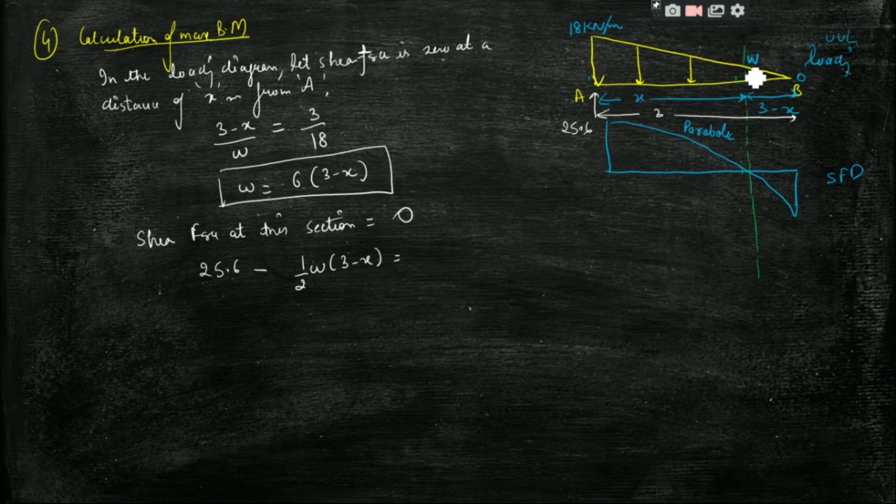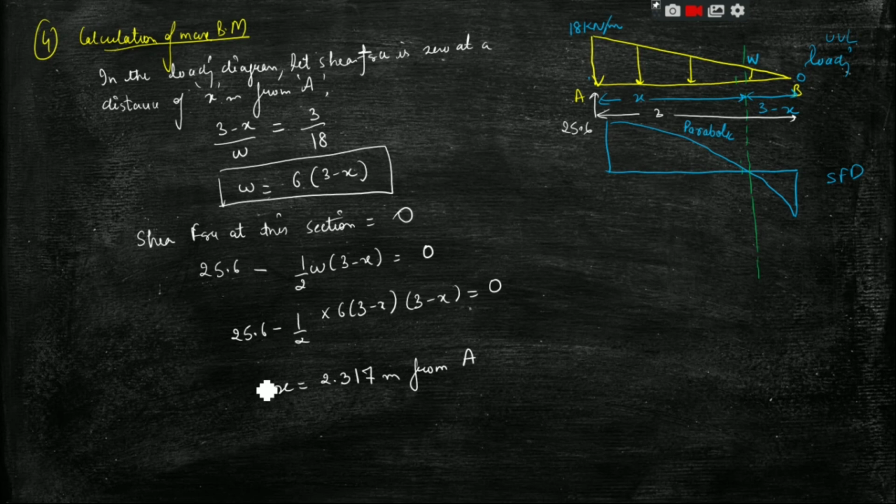This shear force is 0. Now I will substitute the value of w: 25.6 minus half into 6 into (3 minus x) into (3 minus x) is equal to 0. When we solve this equation, we get a quadratic equation because we will have x square. After solving, we get x as 2.317 meter from point A.